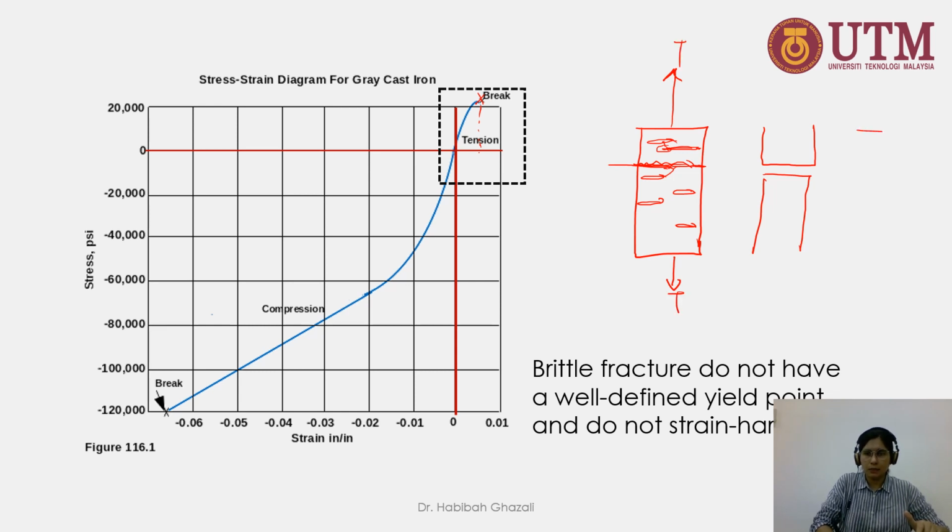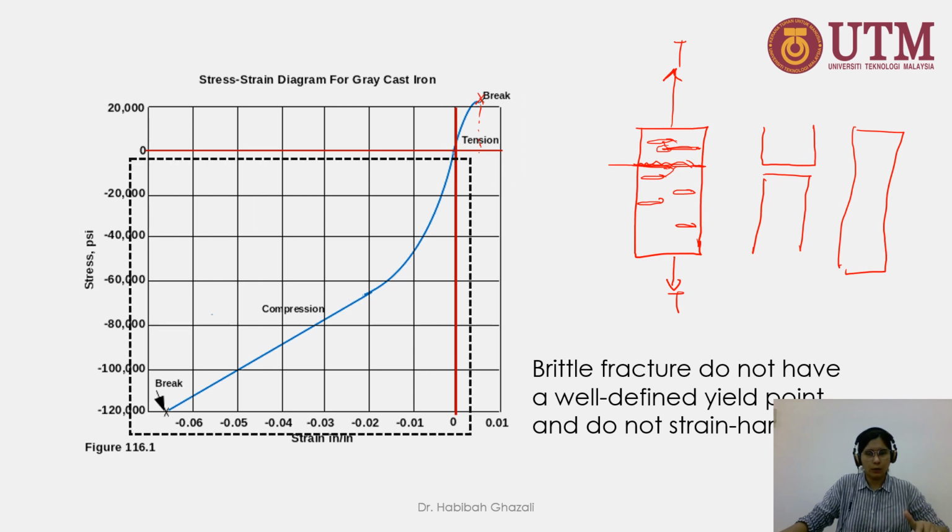However, when these materials are compressed instead, this is the characteristic of the stress strain curve when loaded in compression. What happens when we load them in compression? The cracks inside these materials, or even the porosity, are going to close when we compress them.